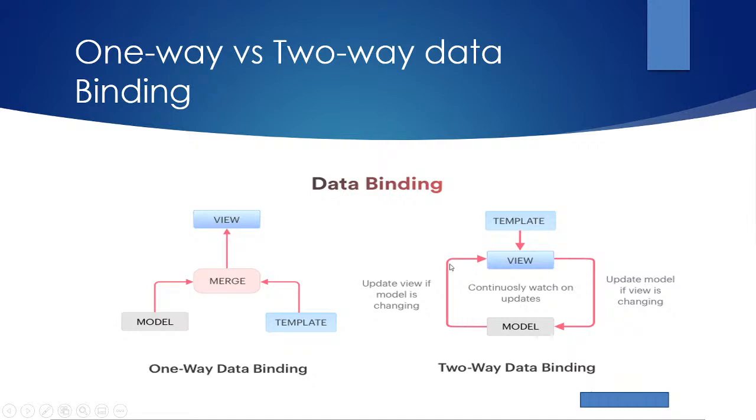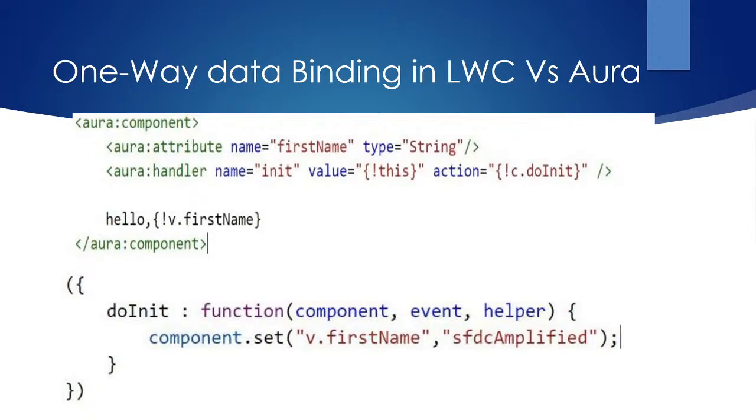LWC, Lightning Web Component, follows the one-way data binding approach, because two-way is very complex and not recommended. With two-way data binding there will be more complexity and more dependency among the other components.